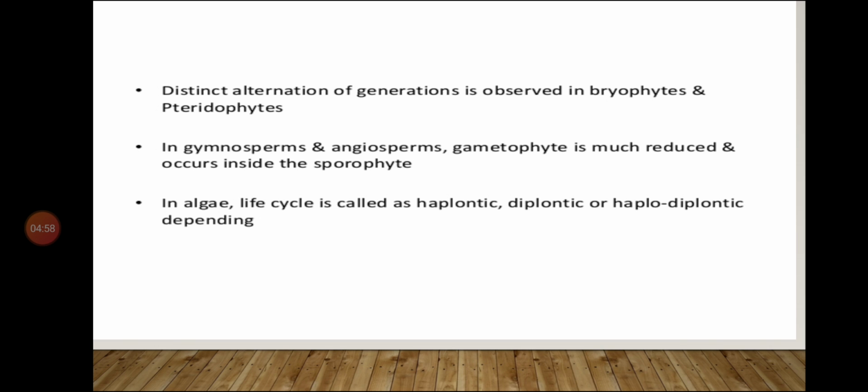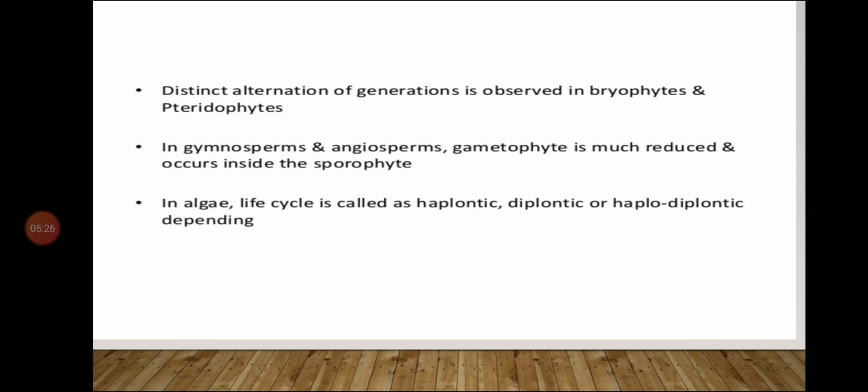In algae, based upon the nature of the dominant phase in the life cycle, it is called haplontic, diplontic or haplodiplontic life cycle. We will study now what is haplontic, diplontic and haplodiplontic.